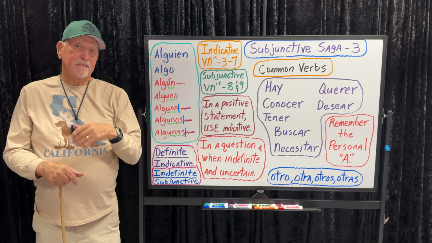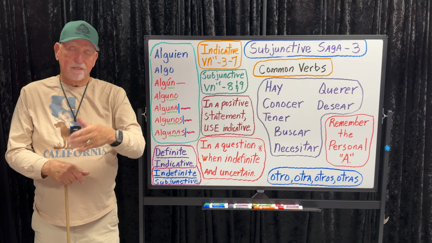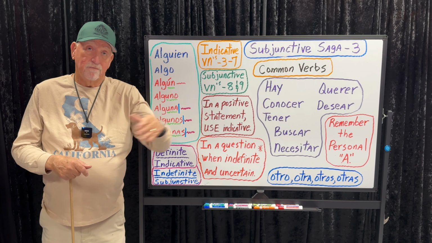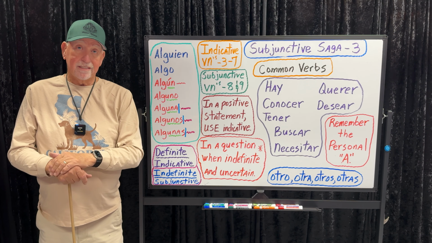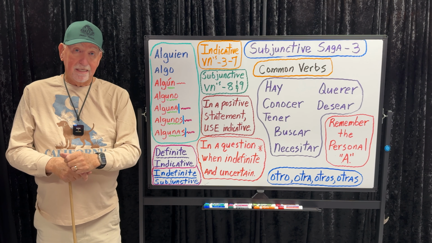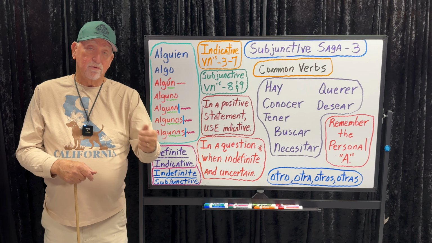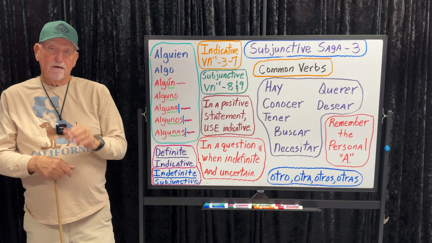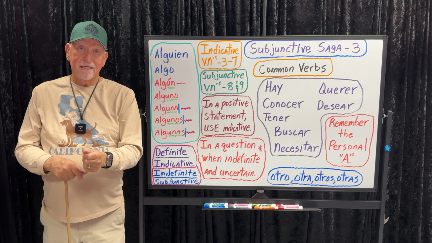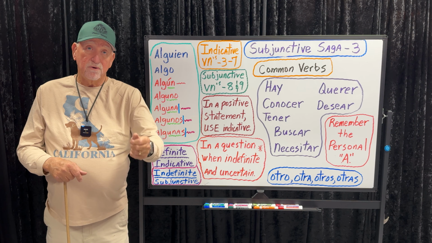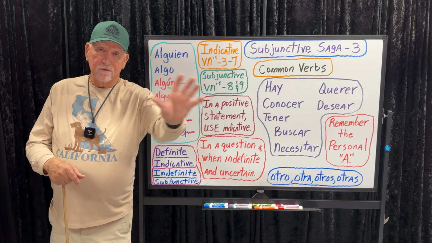Well, you're describing something that's indefinite and uncertain. It's subjunctive, all three subjunctives. Buscamos una casa que tenga piscina, esté en un barrio bonito, donde no haya mucho crimen. Listen to that. Buscamos una casa que tenga piscina, esté en un barrio bonito, donde no haya mucho crimen.